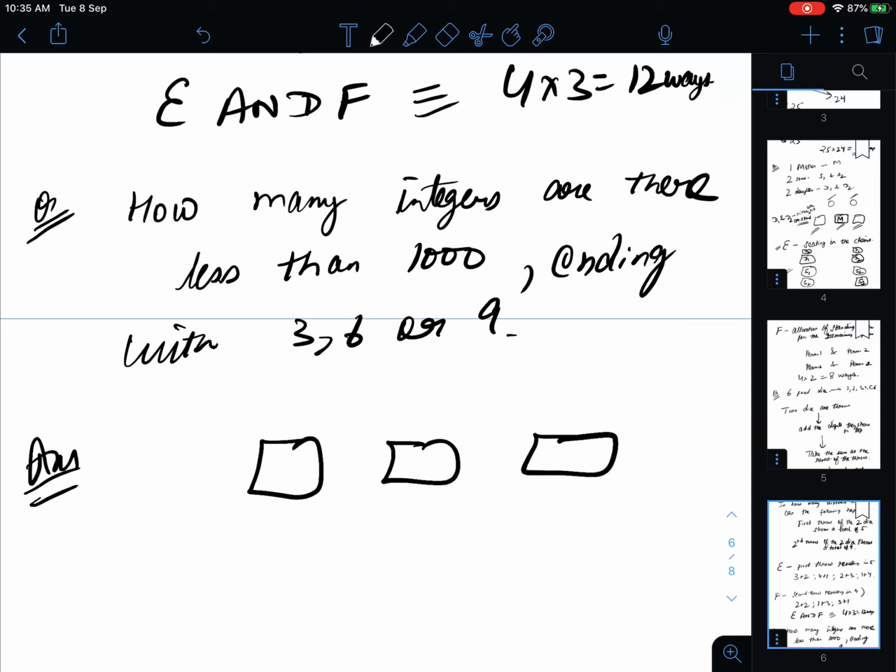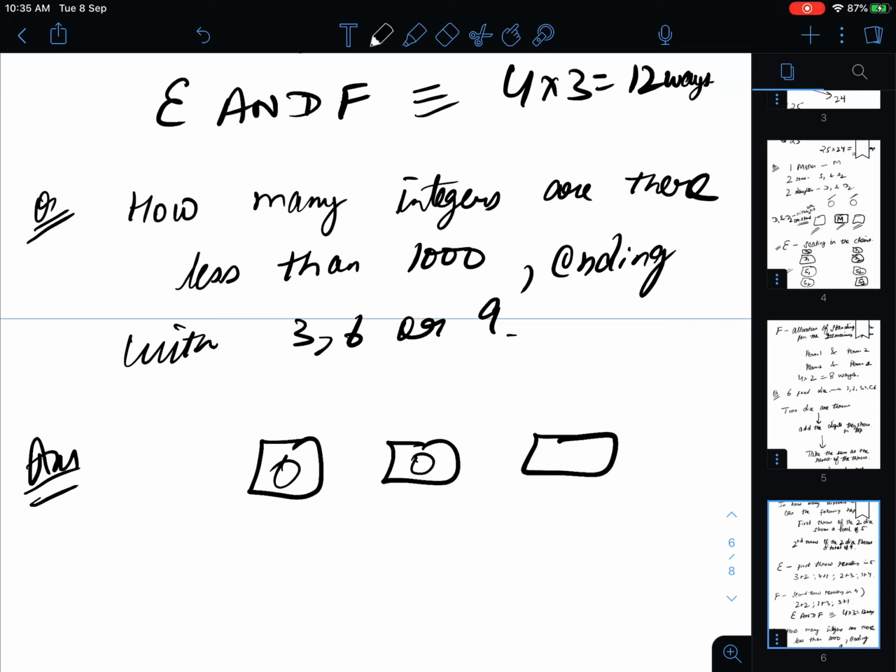Okay. All right. Now, these three blank spaces actually represent numbers less than 1000. Now you see, if a number is a 2-digit number, then it will have 0 in the first place, right? And if it is a 1-digit number, then it will have 2 zeros in the 100th and the 10th place.